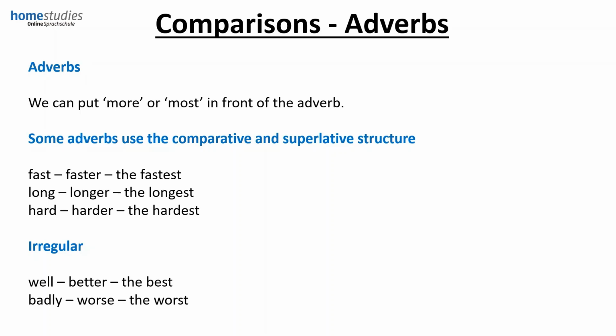So this is a good example. Now, with some adverbs, you can use the comparative and superlative structure. So remember, fast is an adverb, long is an adverb, and hard is an adverb. So, for example, fast becomes faster, the fastest. Long, longer, the longest. Hard, harder, the hardest.